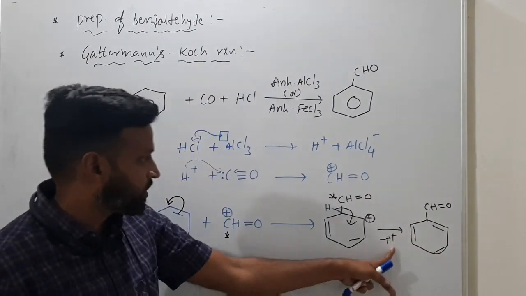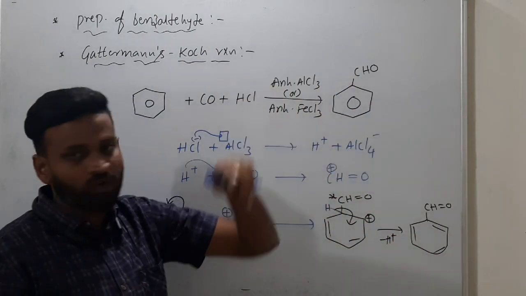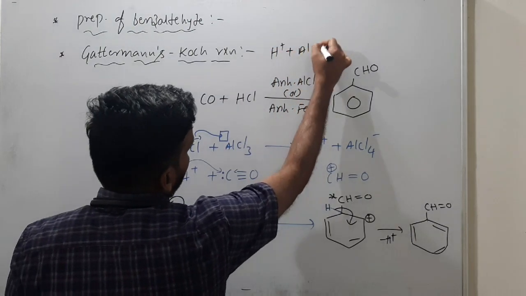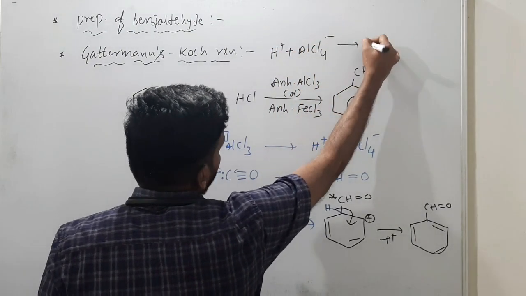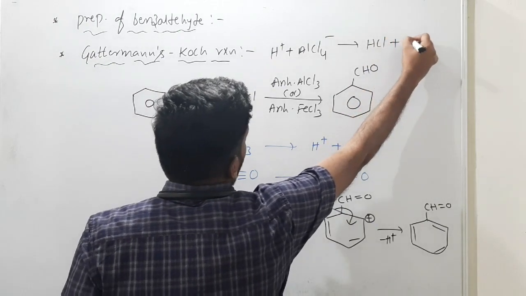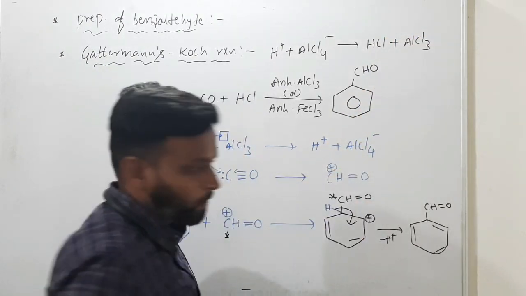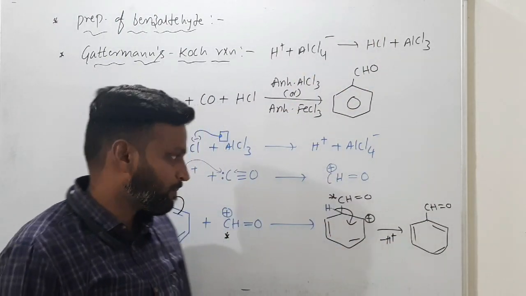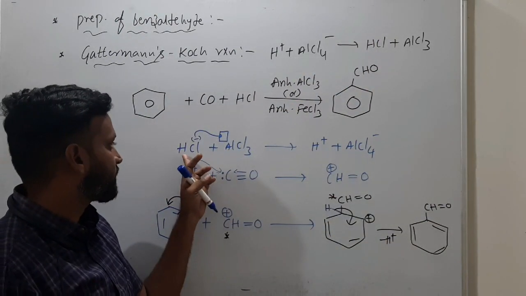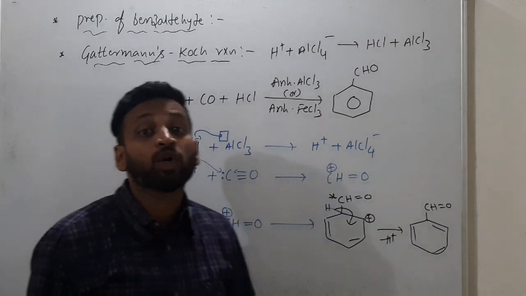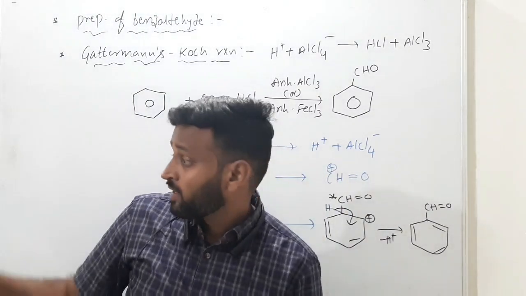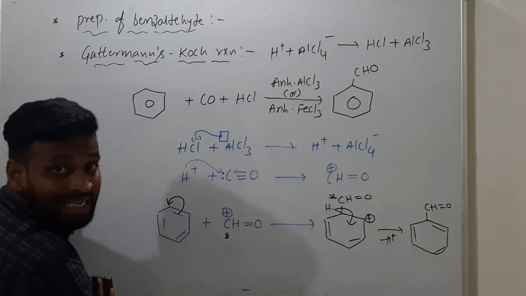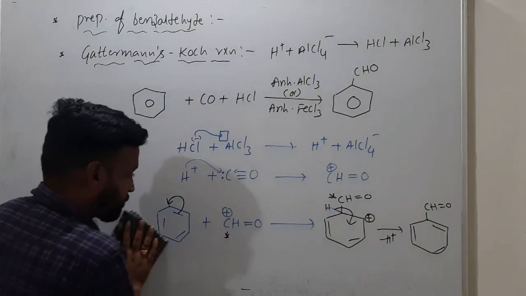This H+ will combine with AlCl4-, giving HCl and AlCl3. So HCl is indirectly reacting by providing H+, acting as a proton donor. So write down, this is about the Gattermann-Koch reaction.